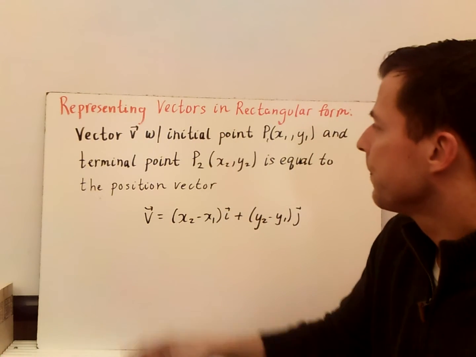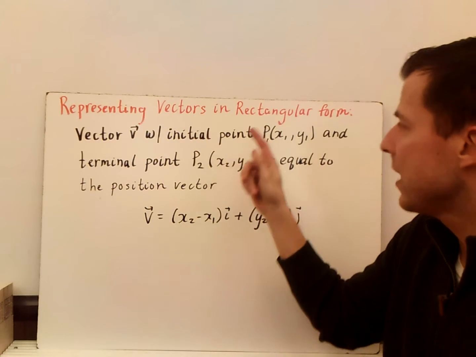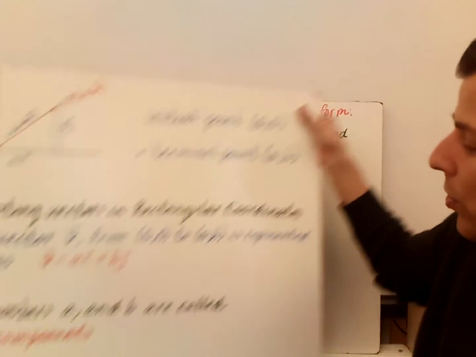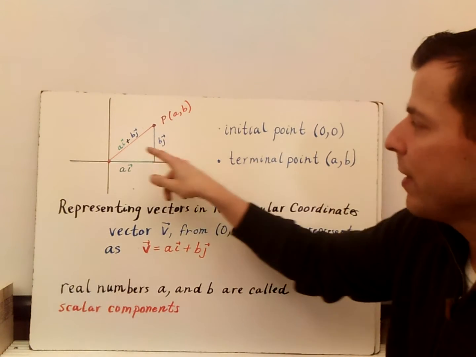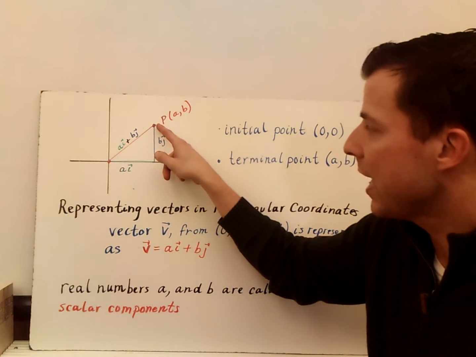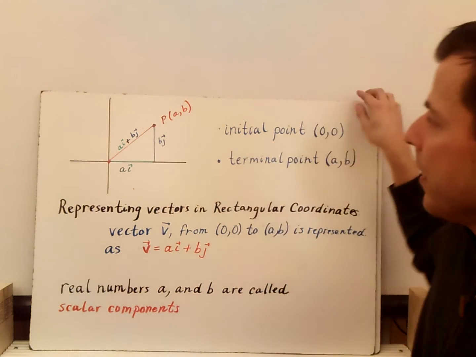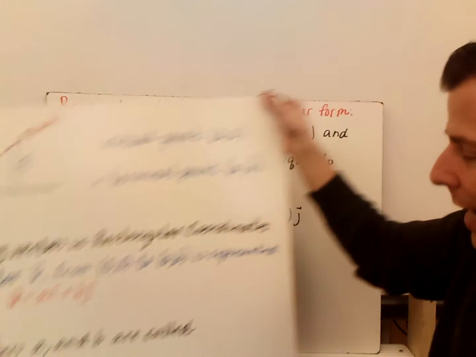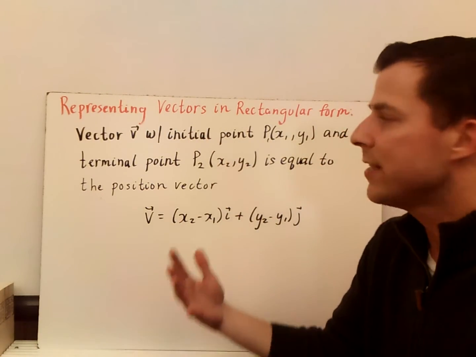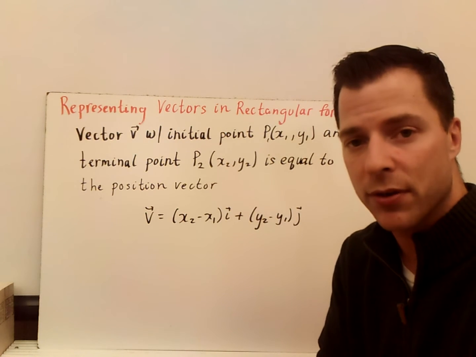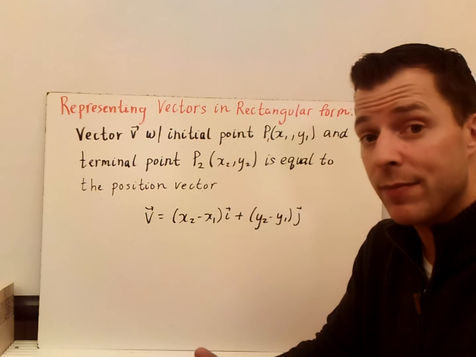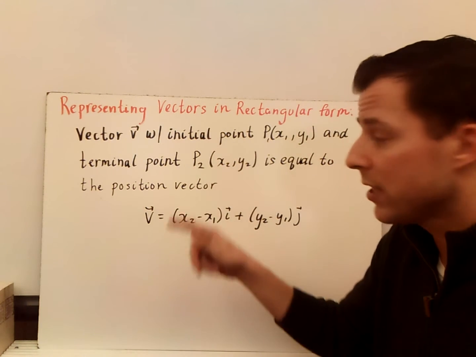Representing vectors in the rectangular form, again, just remember, when we talked about vectors in component form, it was from (0, 0) out to the head of the vector. This definition I'm showing you now is saying, what happens if the linear combination doesn't go through the initial point (0, 0)? How do we write it in that linear combination form? It's the same definition as before.